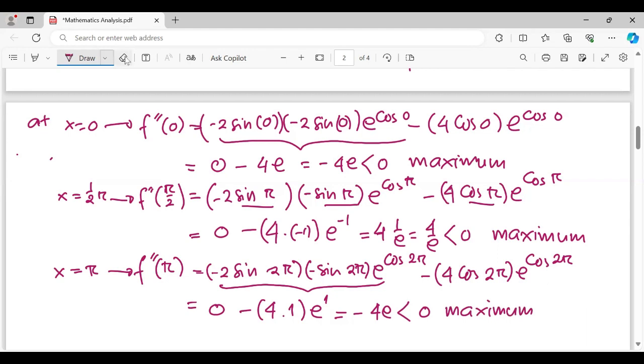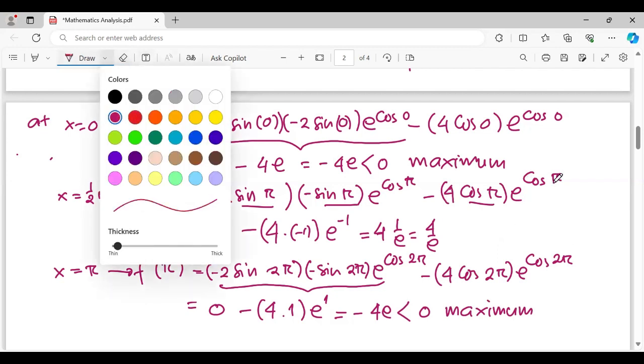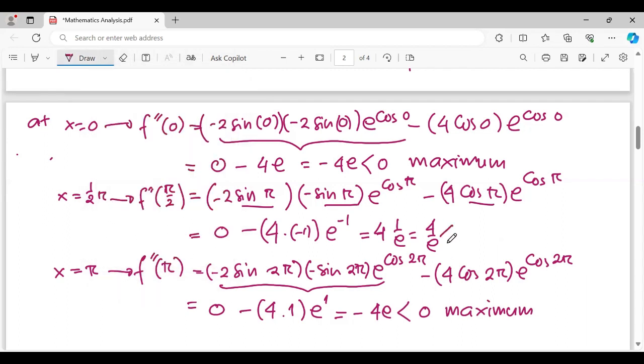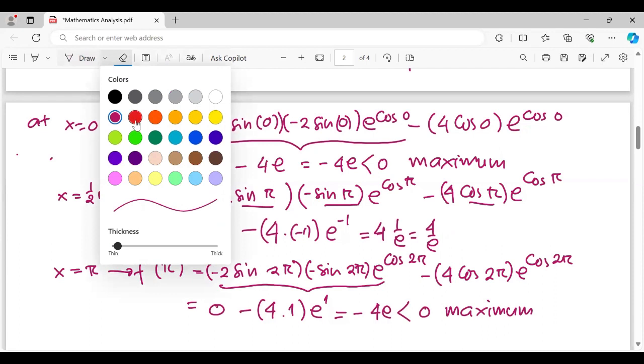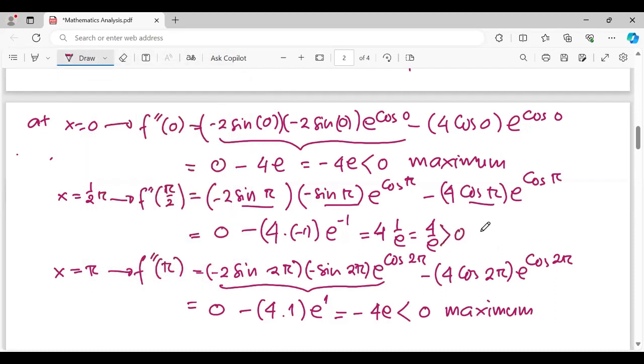Sorry, it's supposed to be this is greater than 0, so minimum. So it is minimum. So this proves that there are 2 maximum and 1 minimum.